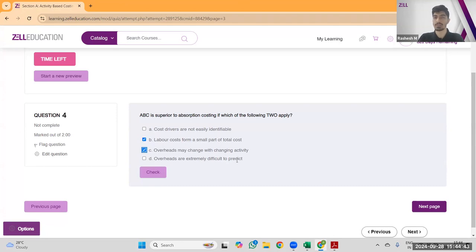Overheads are difficult to predict. No, right? But if you don't have overheads, where will you even do ABC? Can you all tell me an industry where this is the case? Any business where you don't know what your overheads are.